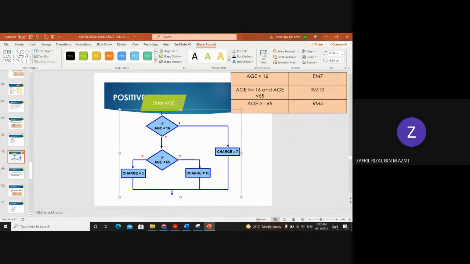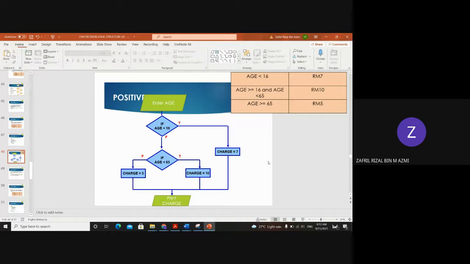Charge. Okay, correct. Good. Then we have charge over here. Print charge. Don't forget to put the start and end.